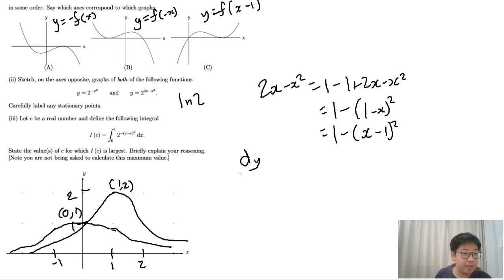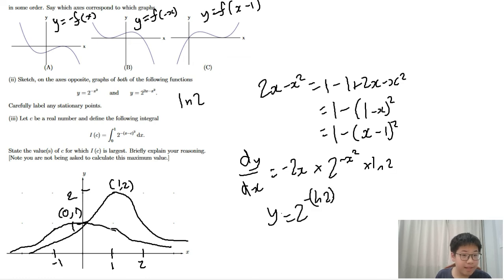So dy over dx for the first curve equals minus 2x times 2 to the power of negative x squared times ln 2. Why? We can write this as y equals 2 to the power of negative ln 2 x squared. So we can use the product rule and move the ln 2 down. And this is actually e.